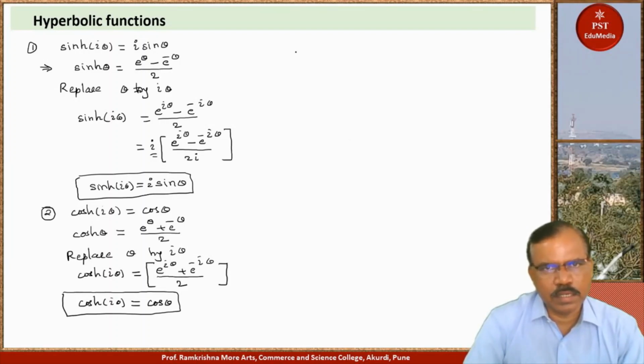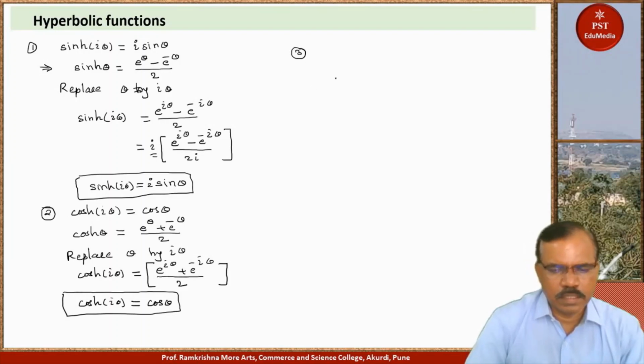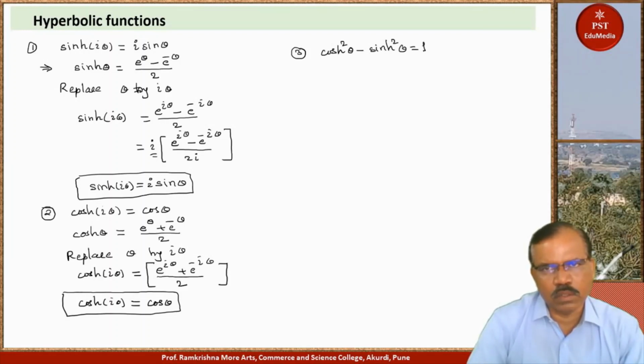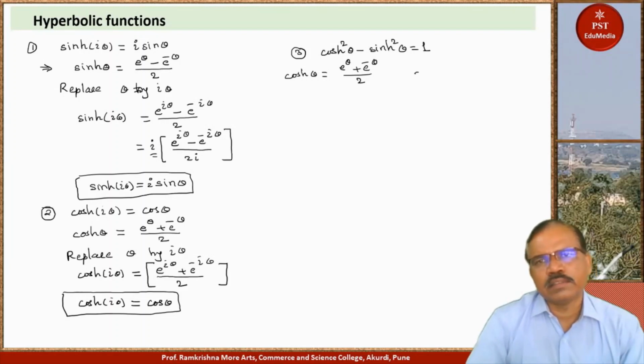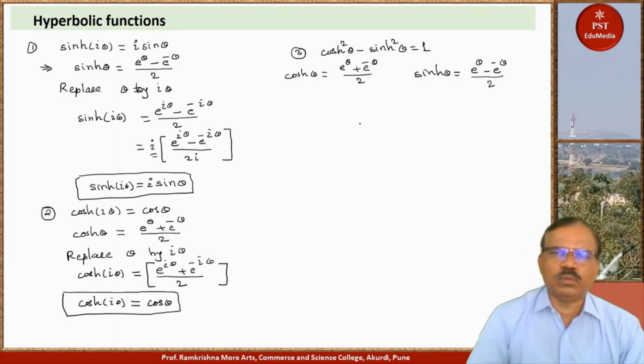Now we will prove the third identity, that is cos hyperbolic square theta minus sine hyperbolic square theta is equal to 1. Now we know cos hyperbolic theta is equal to e raised to theta plus e raised to minus theta upon 2, and sine hyperbolic theta is equal to e raised to theta minus e raised to minus theta upon 2.